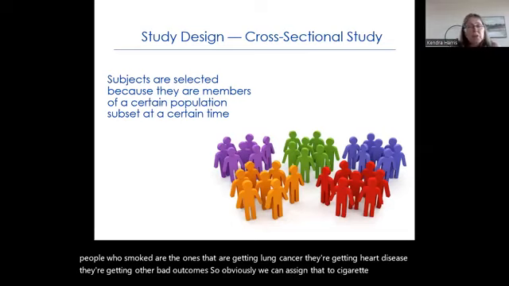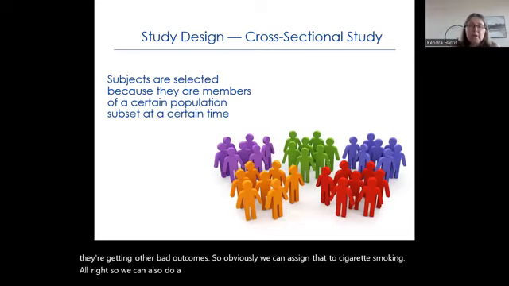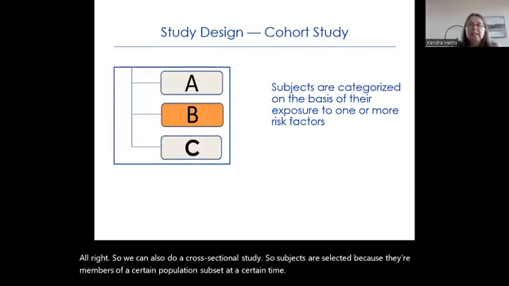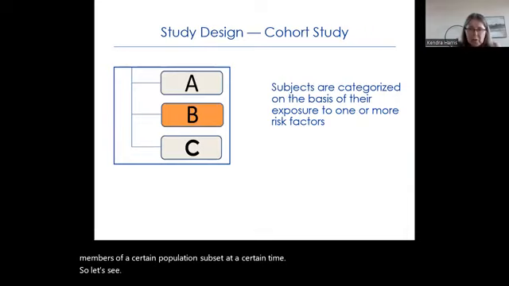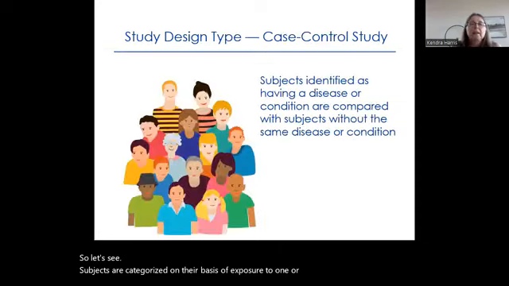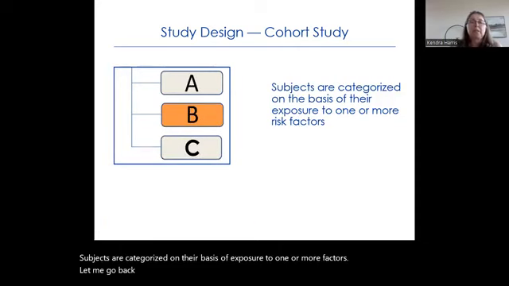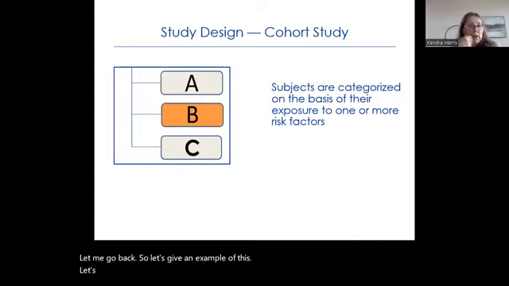All right, so we can also do a cross-sectional study. Subjects are selected because they're members of a certain population subset at a certain time. Subjects are categorized on the basis of exposure to one or more factors. Let me go back. Let's give an example of this. Let's just say cannabis. B is the only group who smokes cannabis.